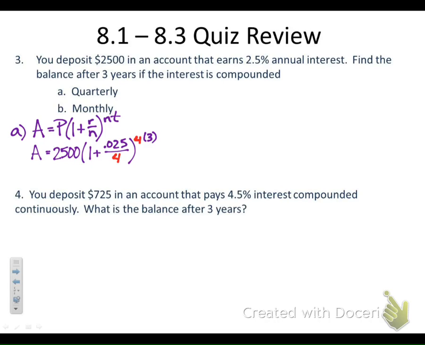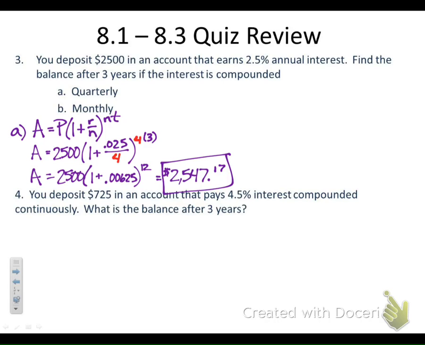All right, so let's clean it up before we do this all in our calculator. So we get $2,547.17. So we started out with $2,500, and then we end up with a little bit more after 3 years. That's what we should see. If we don't have a big percent annual interest, we should probably see this.